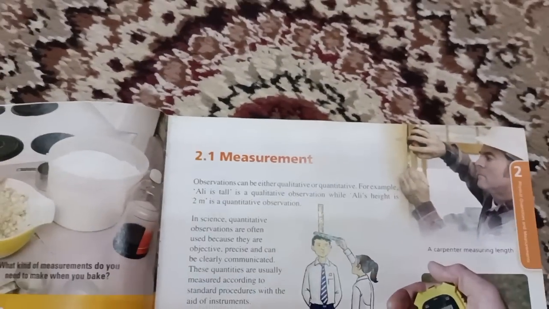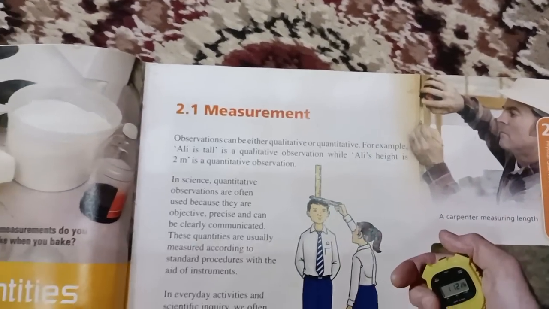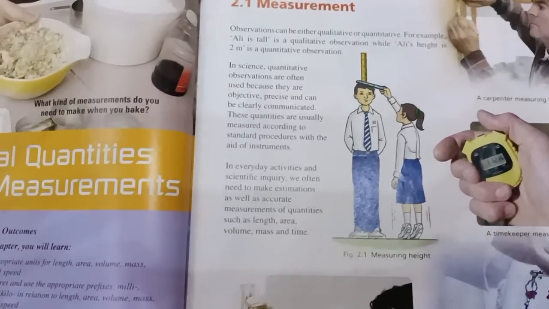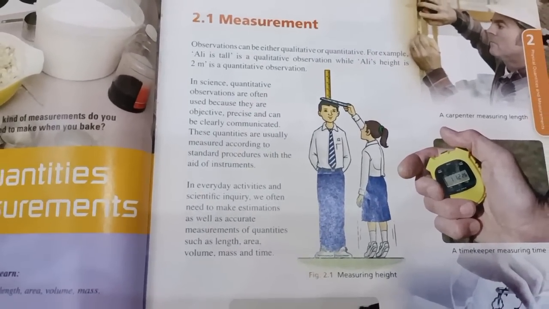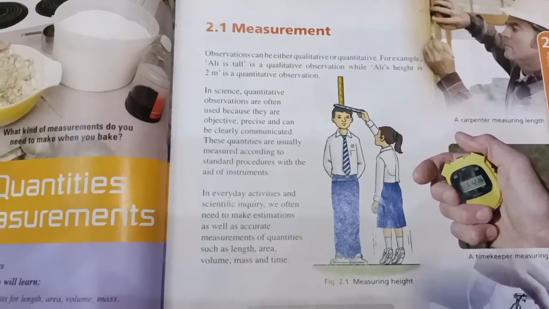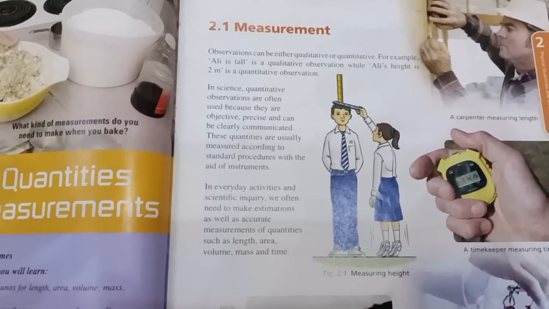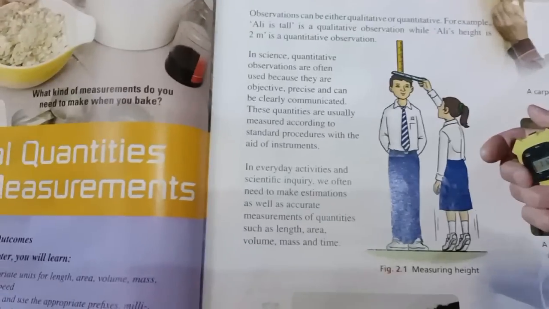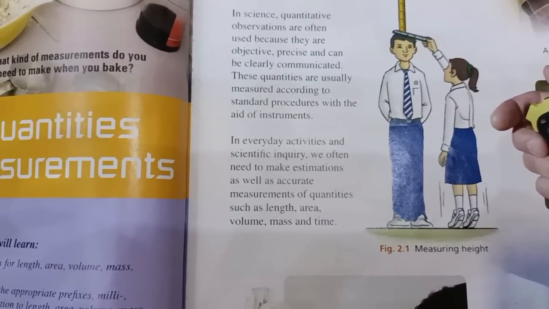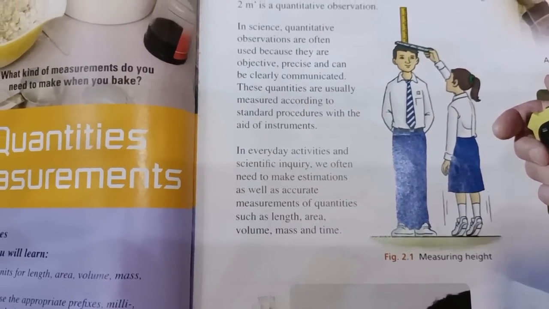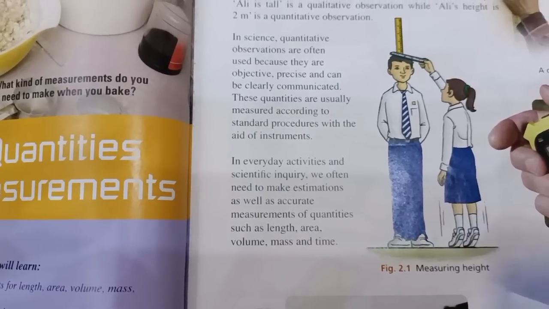First, what is measurement? Observations can be either qualitative or quantitative. For example, "Ali is tall" is a qualitative observation, while "Ali's height is 2 m" is a quantitative observation. In science, quantitative observations are often used because they are objective, precise, and can be clearly communicated.